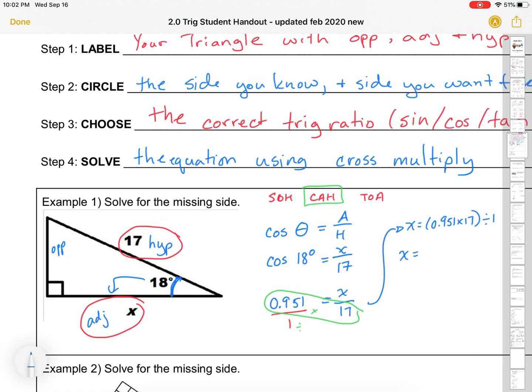You got it? 0.951 times 17 equals 16.167. Now, it doesn't say what to round it to. I can leave it at that. Normally we'd get rounded to a certain decimal place, but that'll do. And if it's a multiple choice, you'll be able to round it.